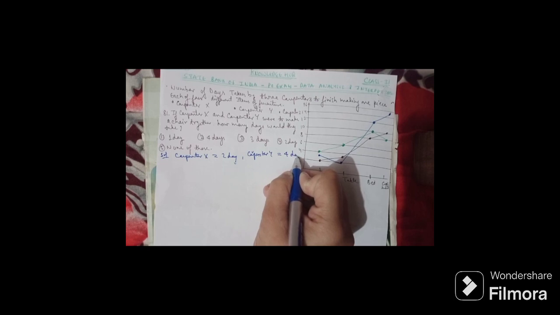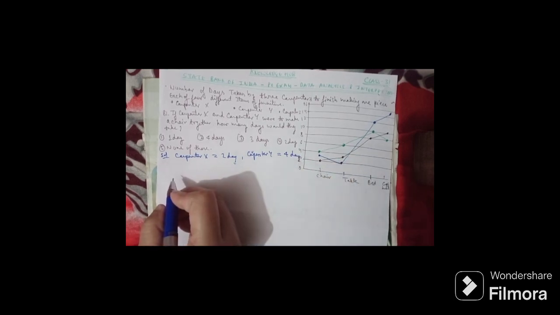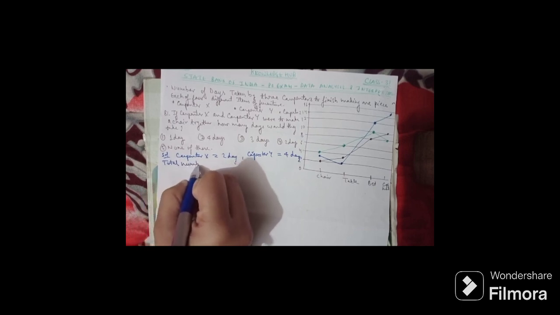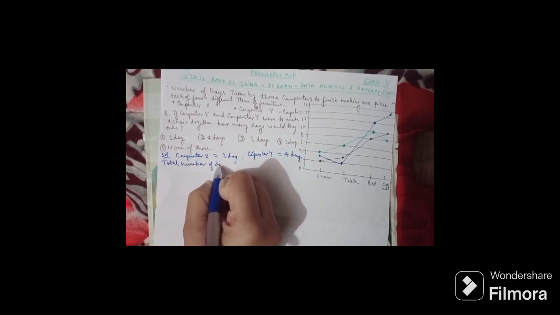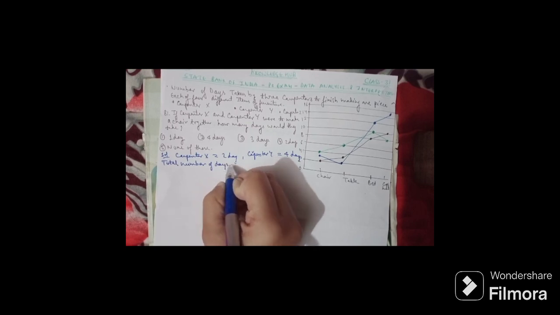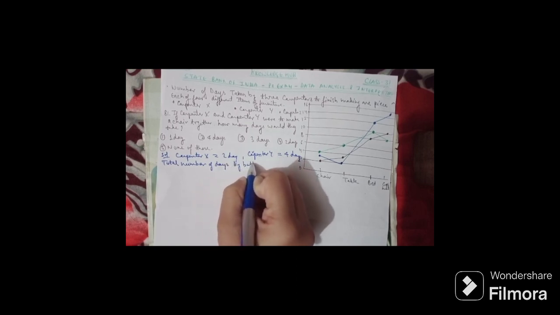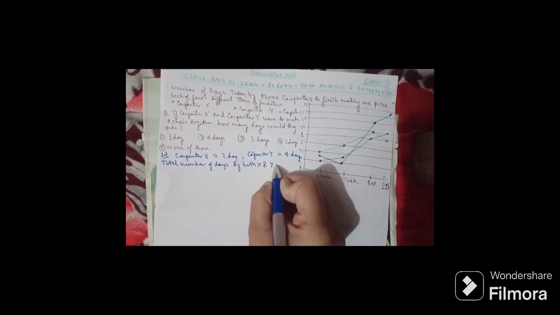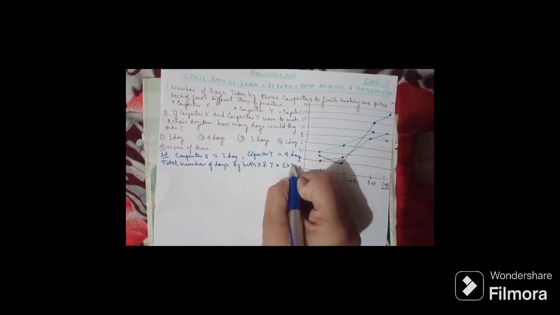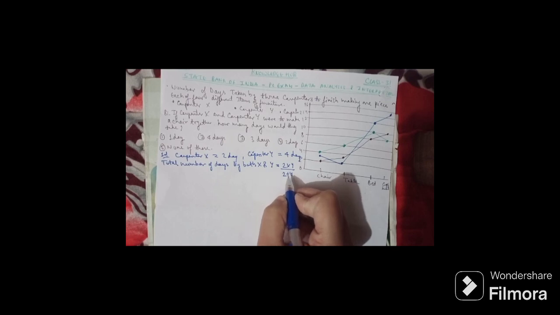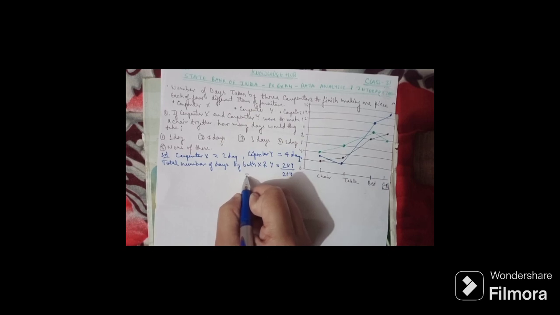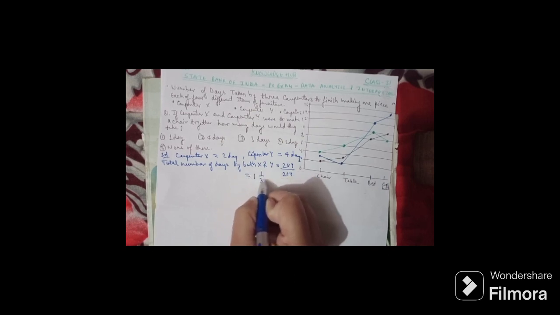So the total number of days by both X and Y equals 2 into 4 upon 2 plus 4, equals 1 by 3 days.